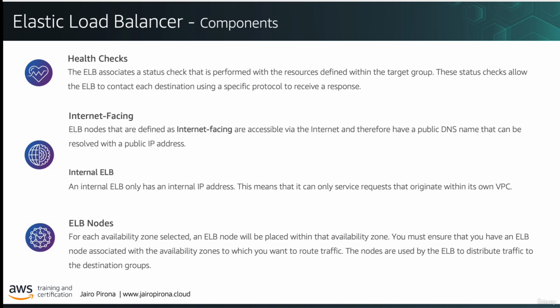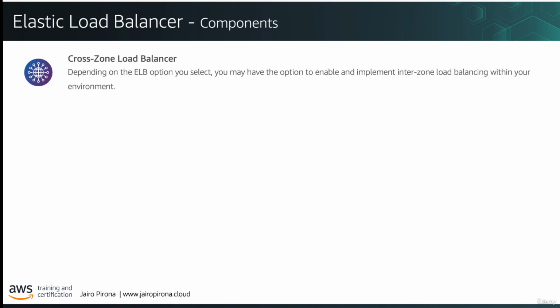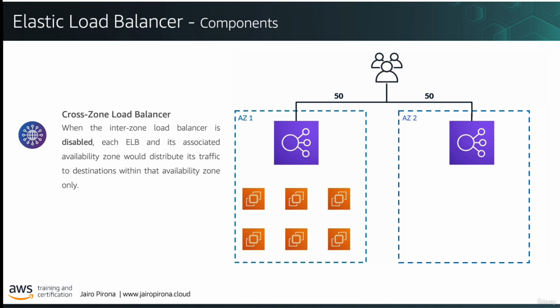Finally, we have cross-zone load balancing. Depending on the ELB option you select, you may have the option to enable and implement cross-zone load balancing within your environment. Let's assume you have 2 availability zones enabled for your ELB and each associated load balancer receives the same amount of traffic.